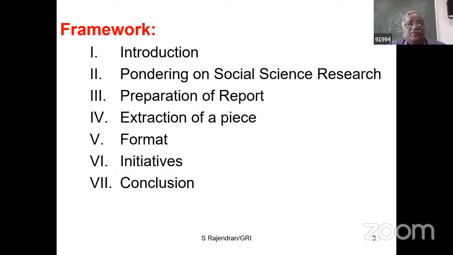The third section discusses the preparation of the report. In the fourth section, extraction of a scientific research paper from the research report will be dealt with. And in the fifth section, what exactly a scientific paper looks like will be discussed.